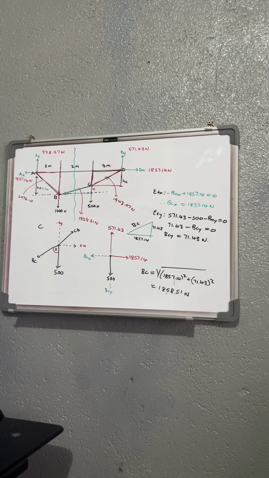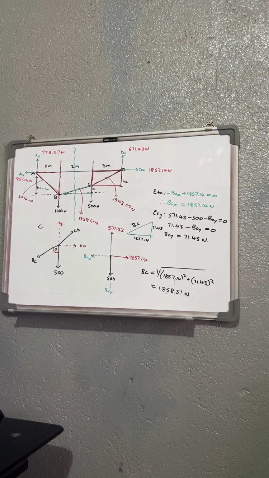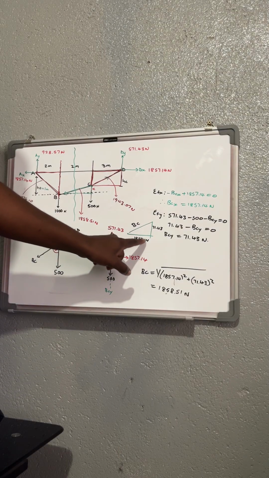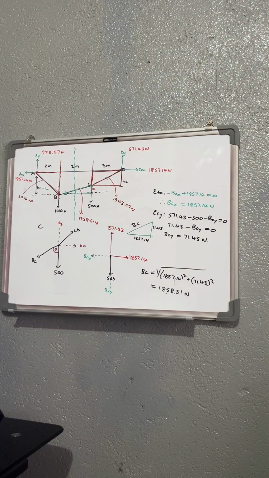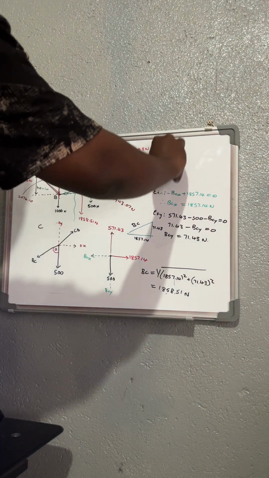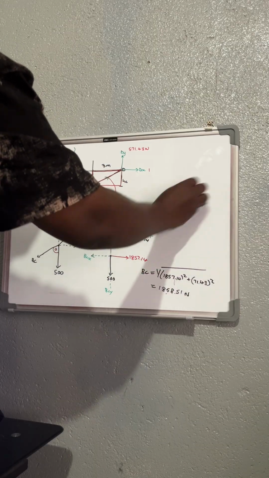So now what's left is for you to determine this angle that you see here. How would you determine that angle? You can determine this angle by using this triangle that we've written here. So I'm just going to erase this part here because we're done with that one. Apologies for that.